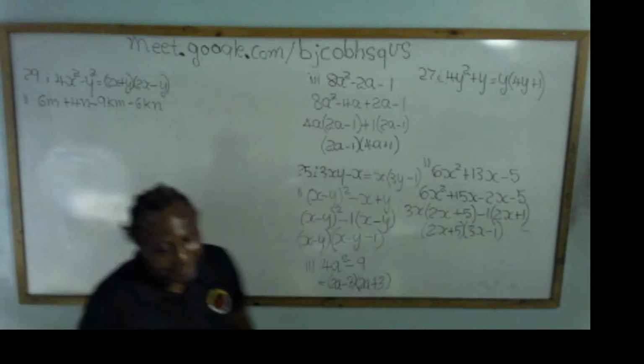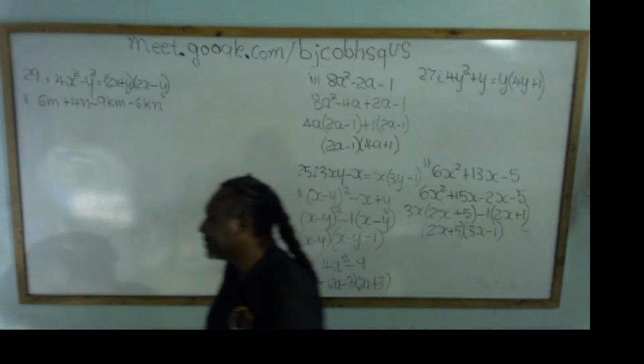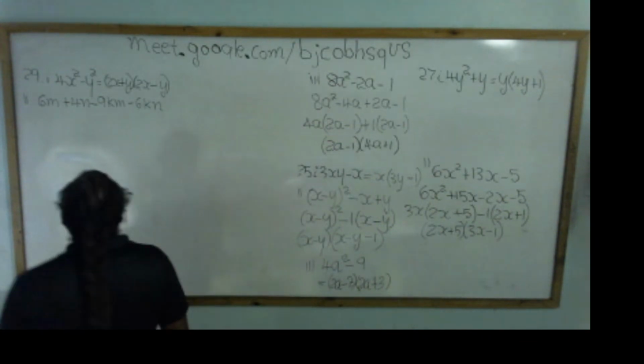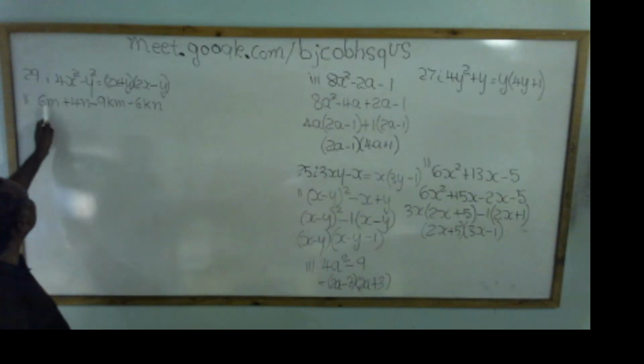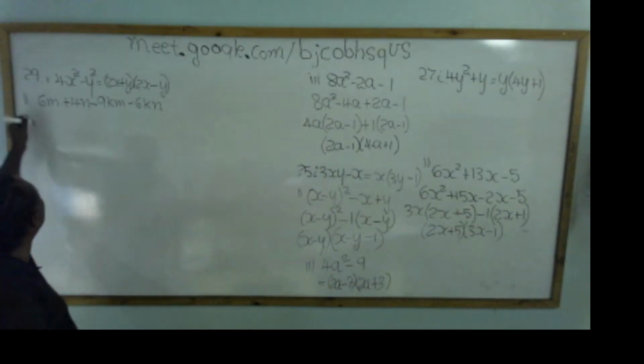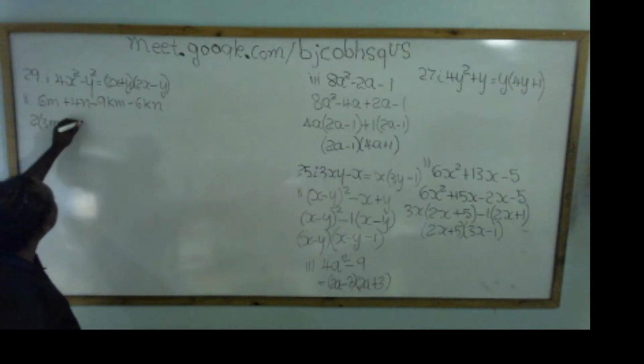Your factorization by grouping. What's common between in this? 6m with 4n, just 2 alone. And we'll have 3m plus 2n. A minus sign for that.